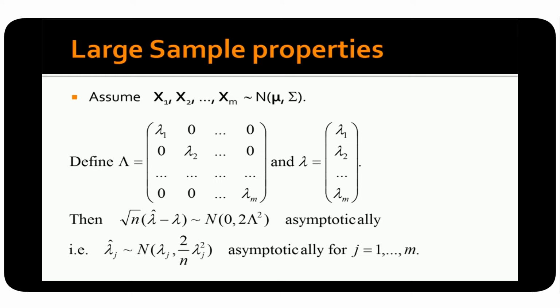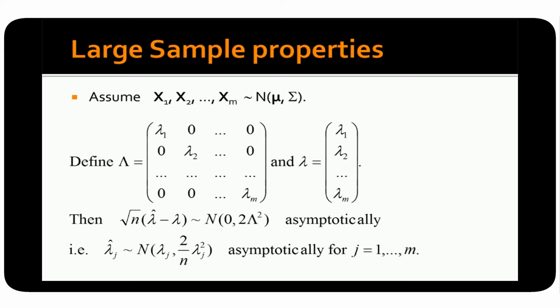Again, lowercase lambda is a vector composed of these same eigenvalues lambda 1 to lambda m. The distinction only is that capital lambda is a matrix where the eigenvalues are on the diagonal, and the other lambda is a vector with the same eigenvalues.